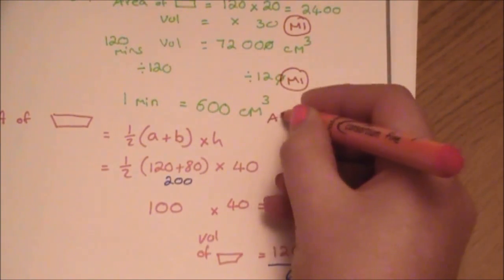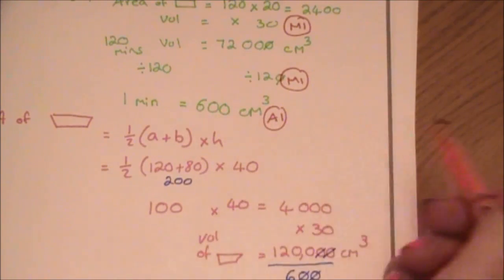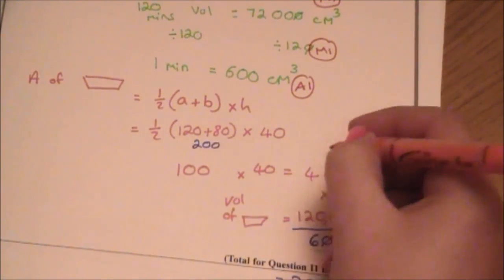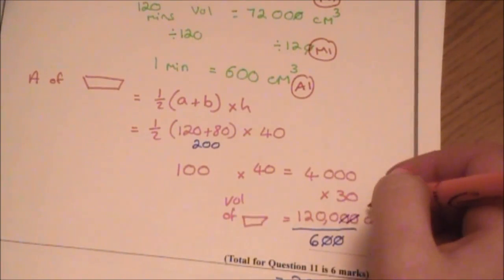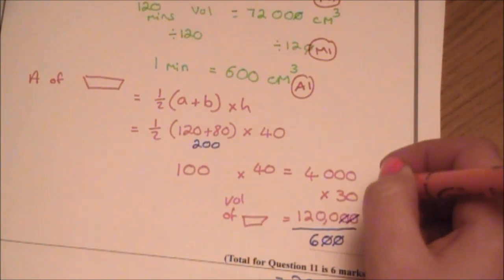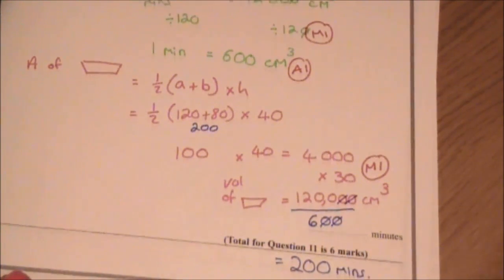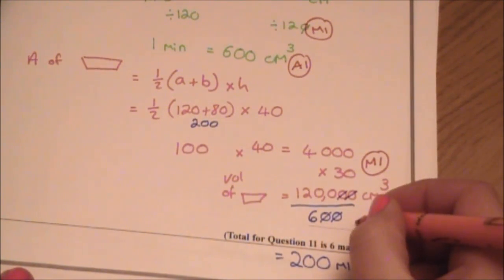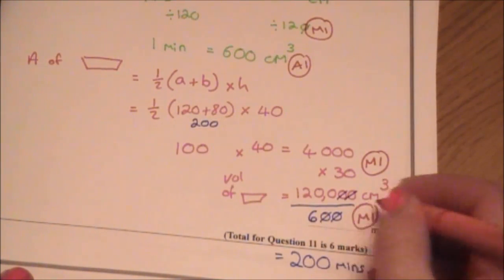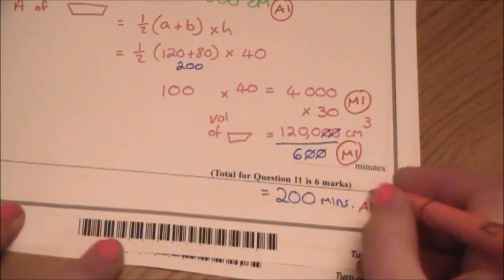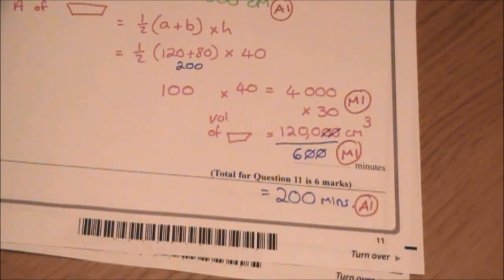You get an answer mark for 600 centimetres cubed. You then get a method mark for finding the volume of the trapezium prism. You get the second method mark for dividing it by 600, and you get the third answer mark there. So that's where your 6 marks have come from.